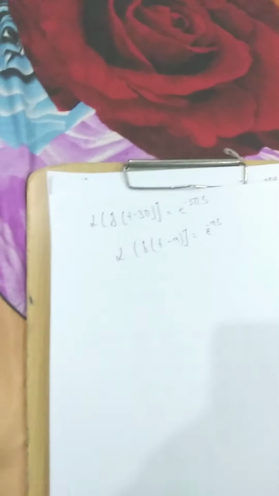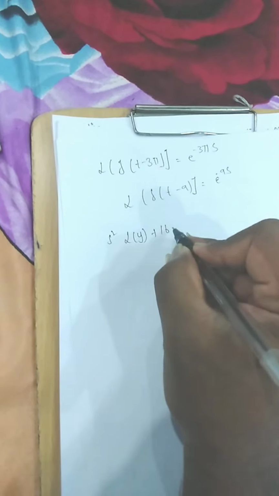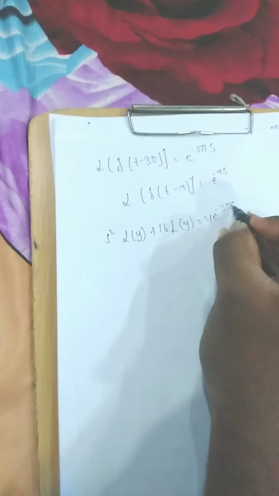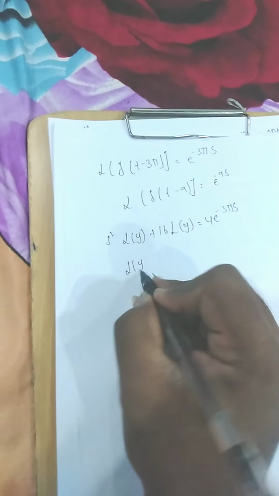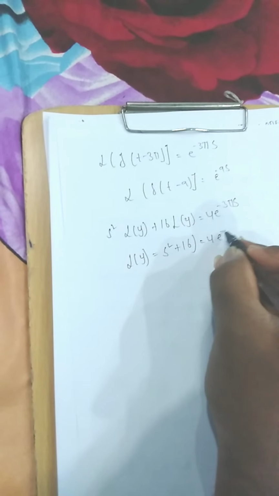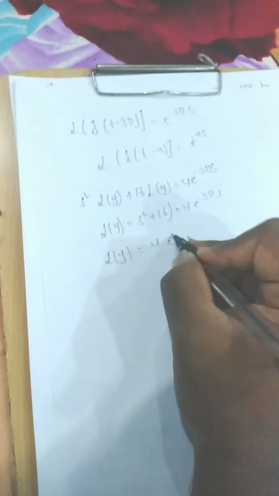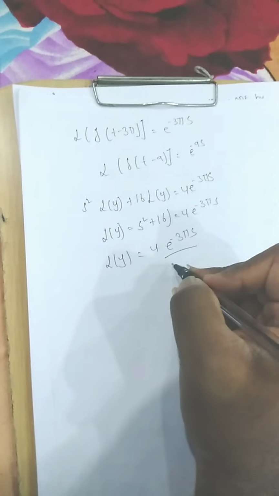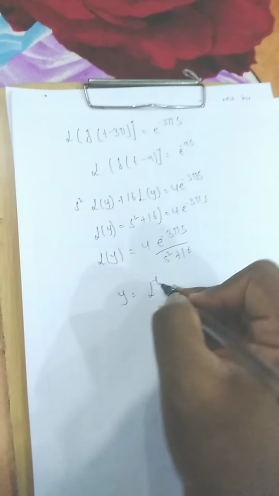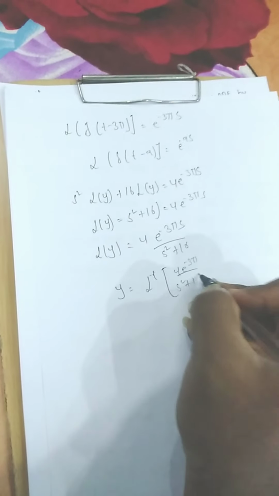Substituting this in equation 1, we get s² Laplace y plus 16 Laplace of y is equal to 4 e to the power of minus 3πs. Taking Laplace of y common, (s² + 16) Laplace of y equals 4 e to the power of minus 3πs. So the Laplace of y is equal to 4 e to the power of minus 3πs by s² plus 16. So y is equal to the Laplace inverse of 4 e to the power of minus 3πs by s² plus 16.